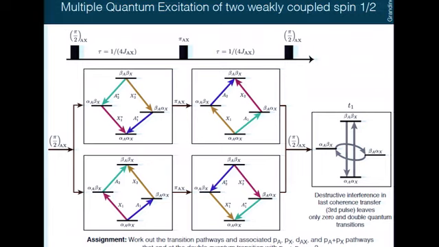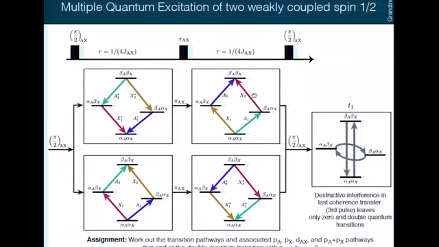Now what happens here is kind of magic. If you set these tau times exactly right, at 1 over 4J, then the last pi over 2 pulse causes all these transitions to go to all the other transitions. But with this special timing, these move over in pairs that are 180 degrees out of phase with each other.